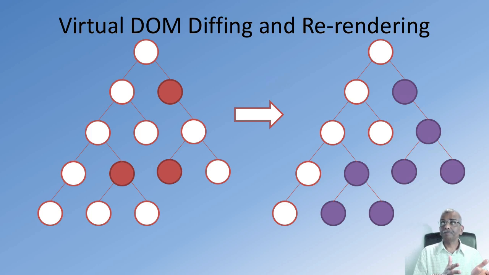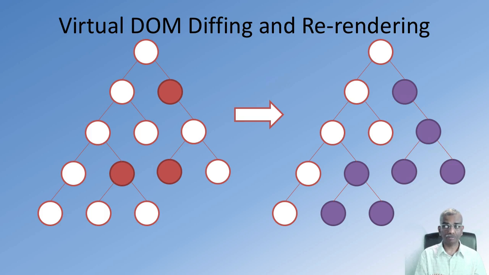So the way React applications work is that they will do a difference between the previous version of the DOM and the current modified version of the DOM. To notice which parts of the virtual DOM tree have changed, you then know which of the components need to be re-rendered.